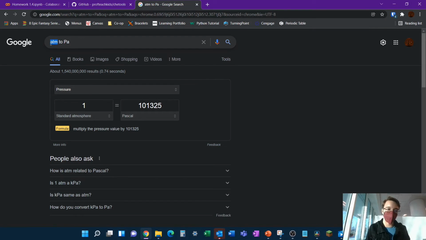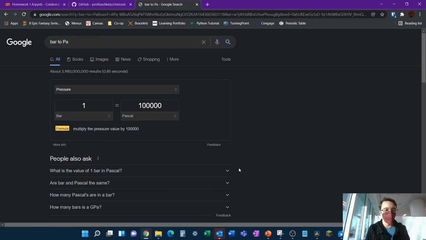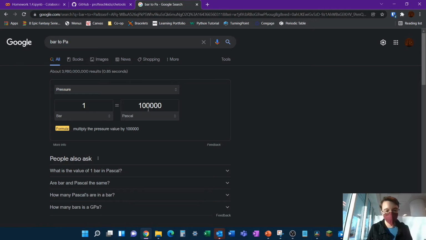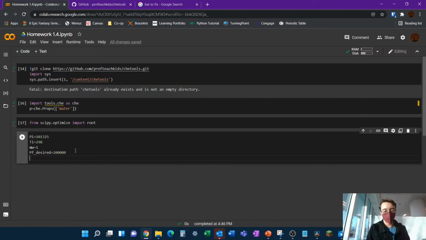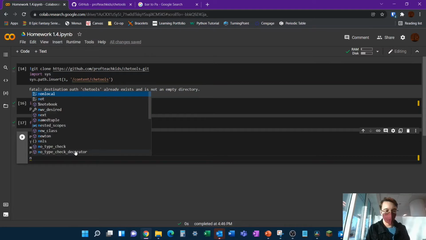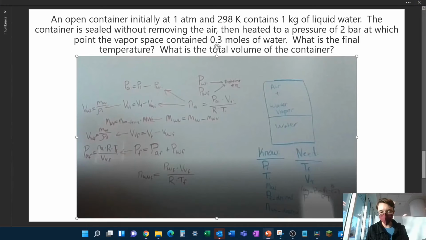Again, they don't give us the pressures in atmospheres, so we're going to have to convert it. 1 bar is 100,000 pascals, so 2 bars is 200,000 pascals. And then we're going to want the moles of water vapor desired, and that is going to be equal to 0.3.